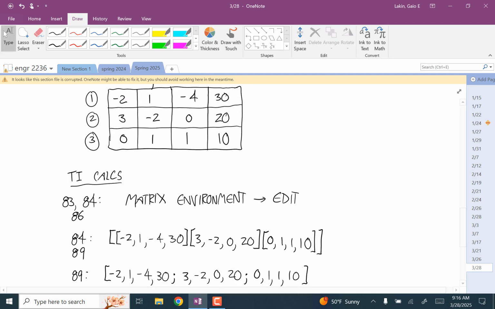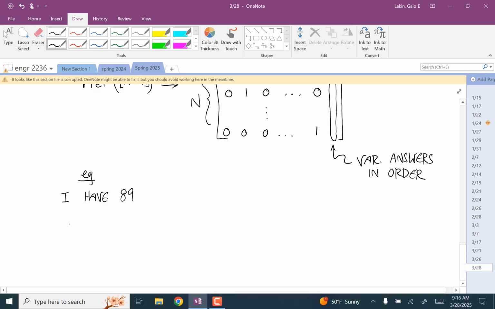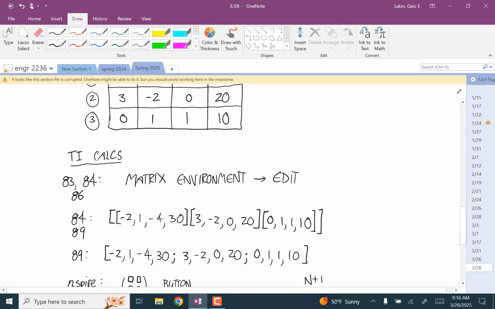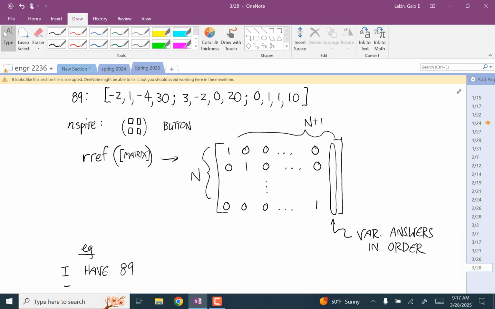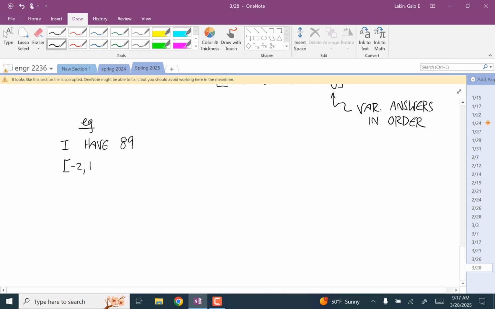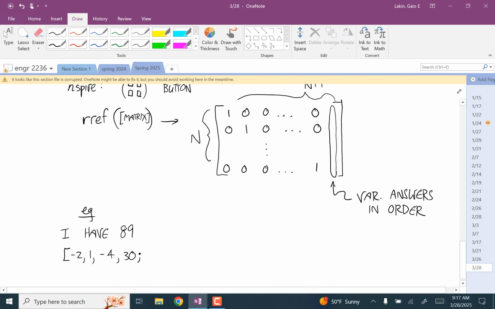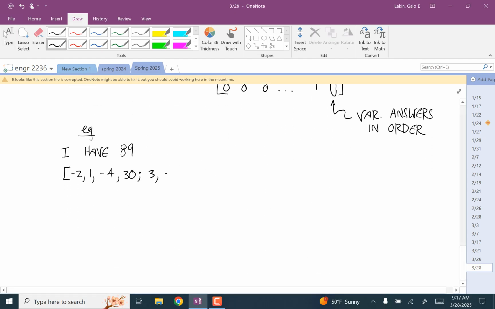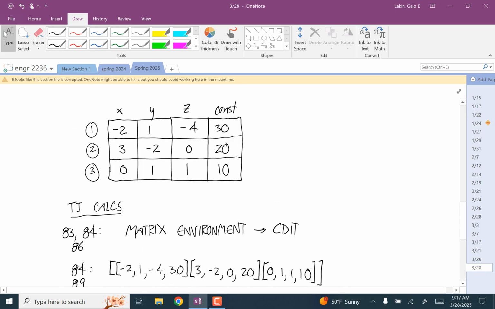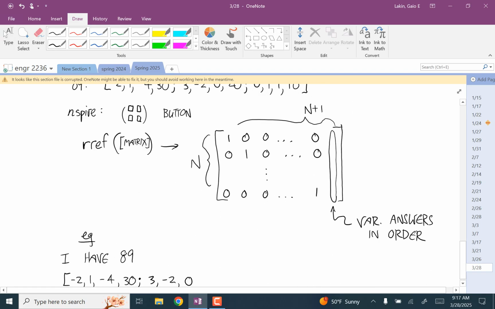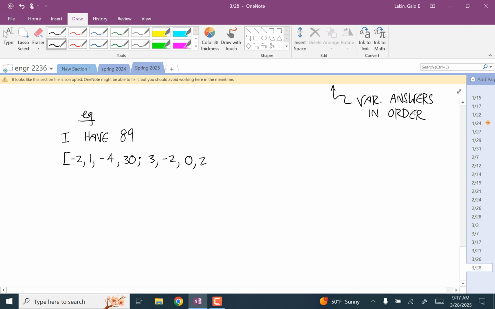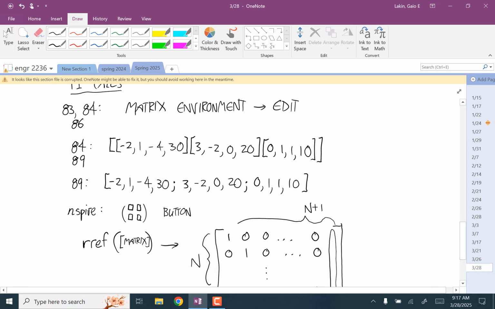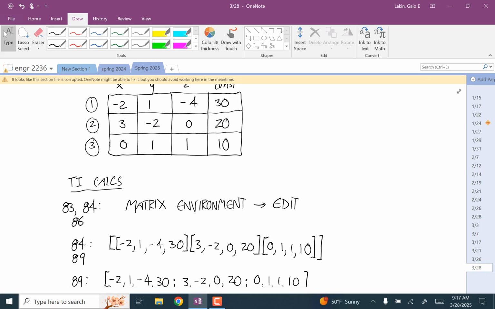And so my matrix is going to be -2, 1, -4, 30. Then semicolon, 3, -2, 0, and then 20. And then last 0, 1, 1, 10.